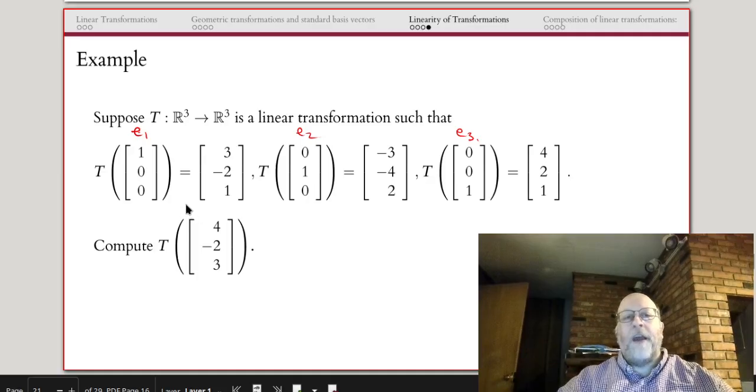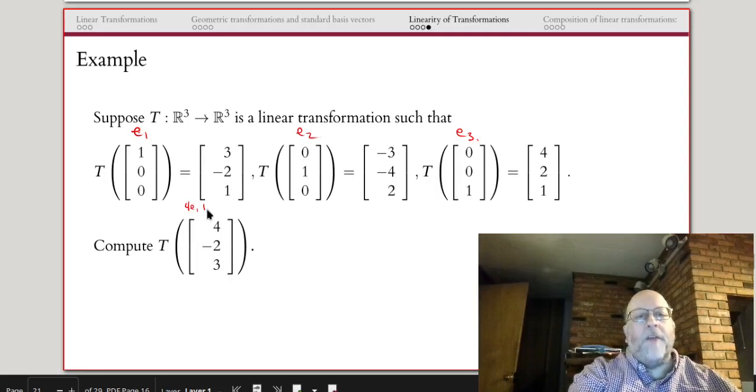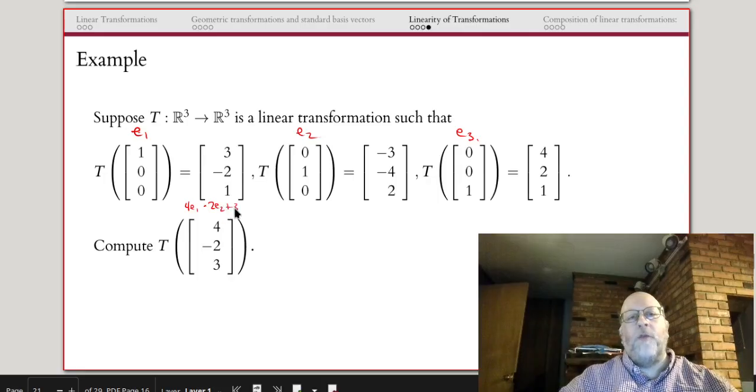Well, this is the vector for 4E1 plus negative 2E2 plus 3E3. But because I can transform first and then add or scalar multiply, I can do all these transformations first and then apply the 4 and the negative 2 and the 3.